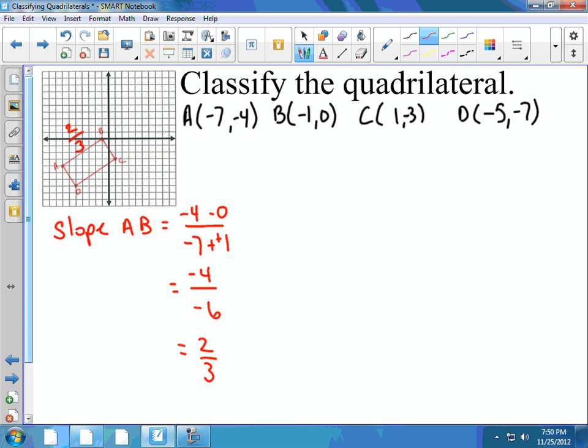Then we need to take a look at the opposite slope. So we'll take a look at slope DC. That's going to get us -3 minus -7 over 1 minus -5. Again, I'll use the calculator here, and it turns out that the slope is 2/3.